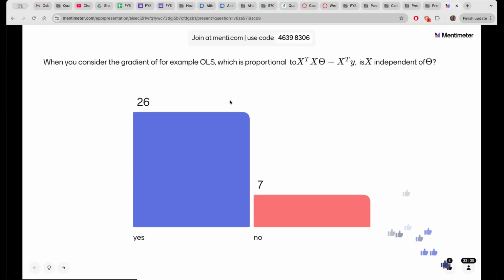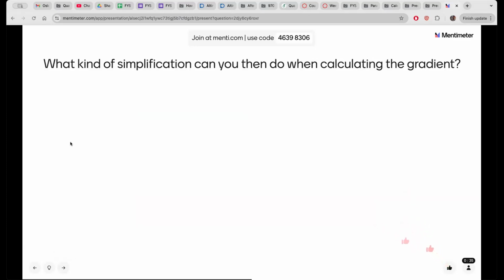Now, if X is independent of theta, thanks to everybody for responding. Let's go to the next question then. Because this has an importance when we are looking at the numerical results or the numerical implementations. So this is more, how to say, a free question.